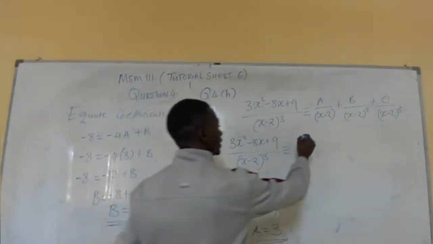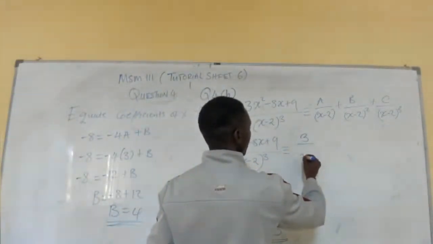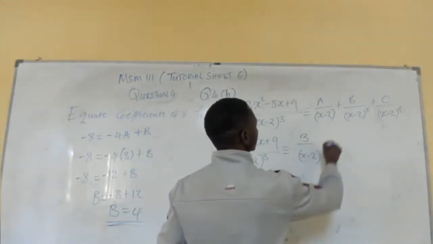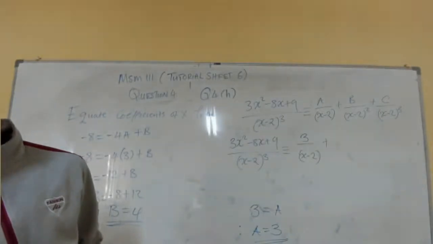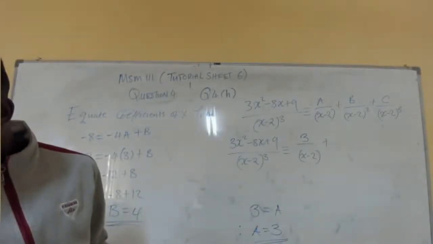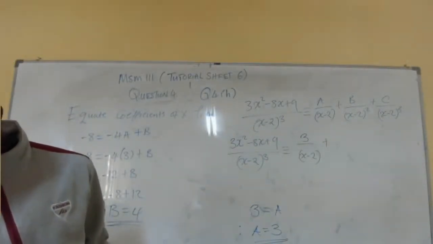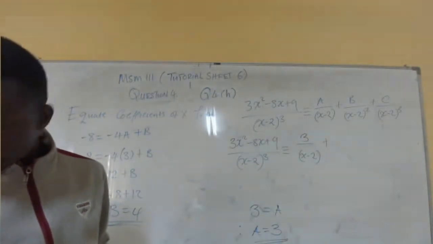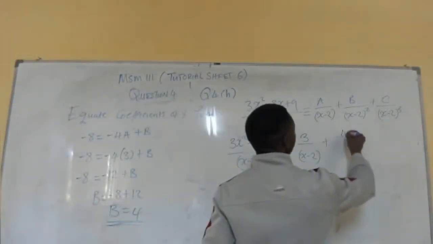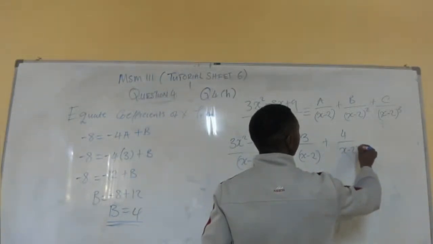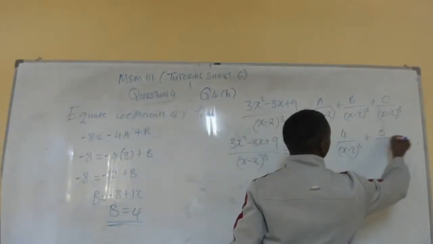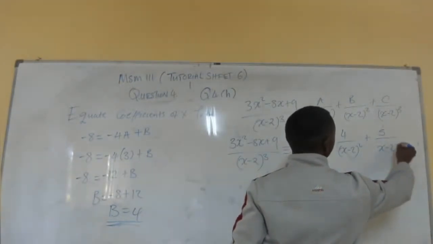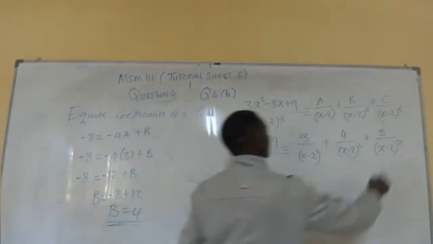So 3 over x minus 2 plus, the value of b is 4. So 4 over x minus 2 to the power 2 plus, the value of c is 5. 5 over x minus 2 to the power 3.